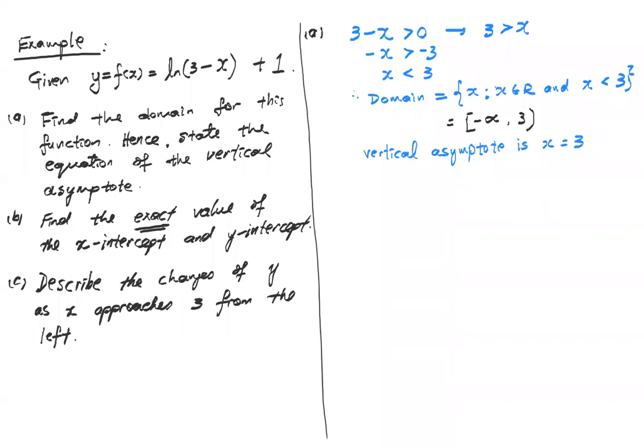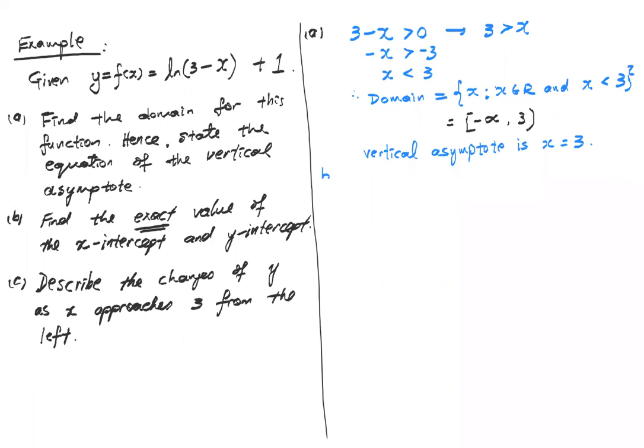I will mark you wrong, definitely. If you tell me in the exam the vertical asymptote is 3, I can add in a y, so it becomes horizontal. So it's x equal to 3. Okay, done with part A.